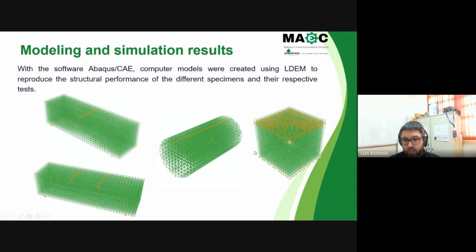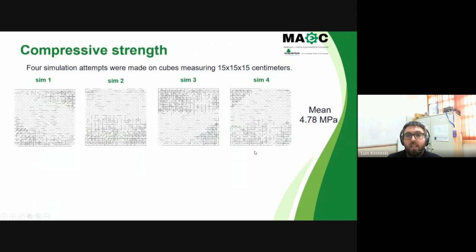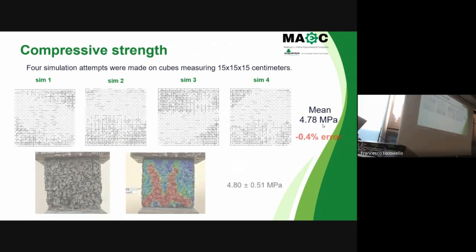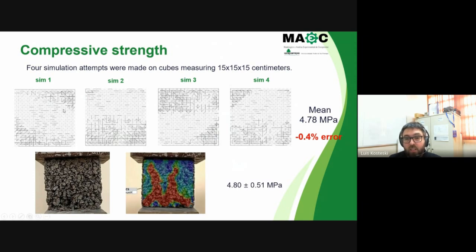Well, the result of the compressive test: we did these 4 simulations, and the compressive strength is 4.78 as a mean value. This is the failure configuration, where the black elements are the broken ones and the gray are the non-broken.